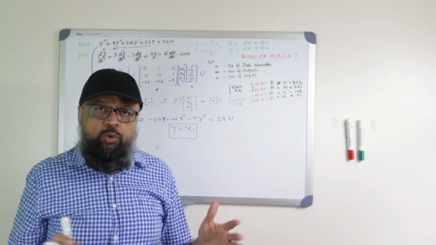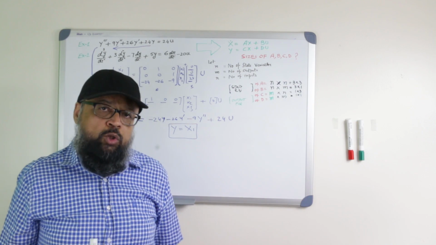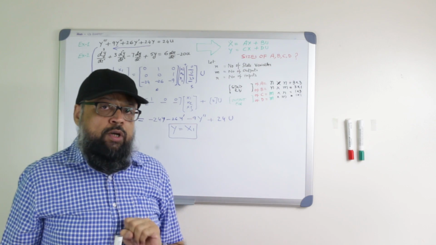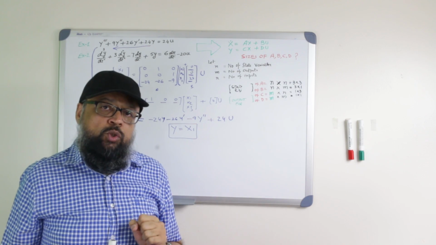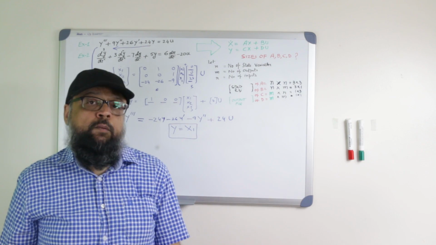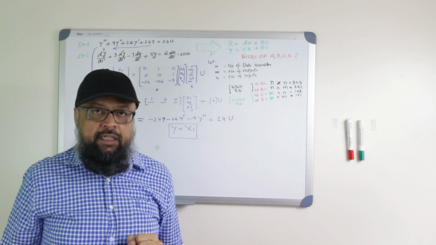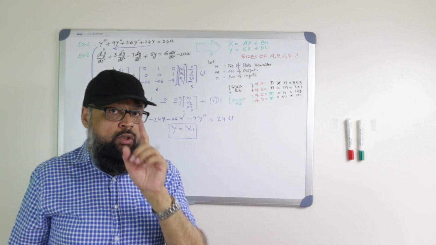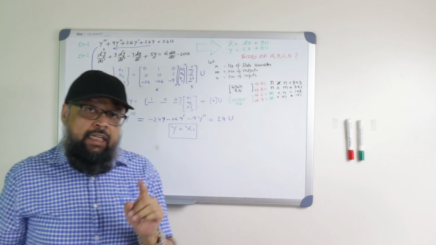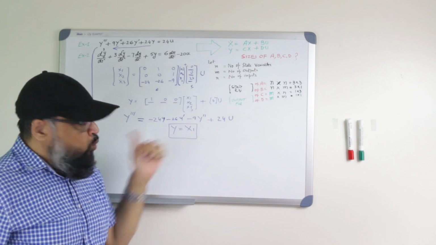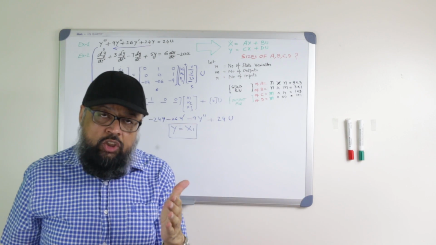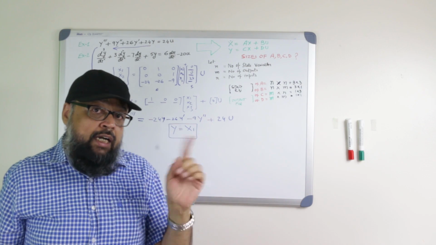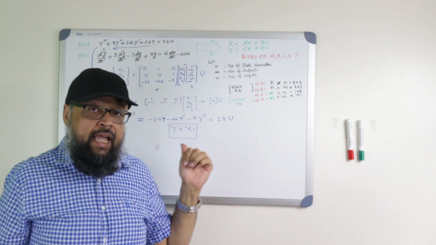In a control system, you can choose state variables according to your own choice. The only thing you have to remember, which I have explained in the previous video, is that those state variables should be linearly independent. And the good news is, and the student should note this point, that if we take x1 as the first state variable, the derivative of x1 is not linearly dependent on x1.